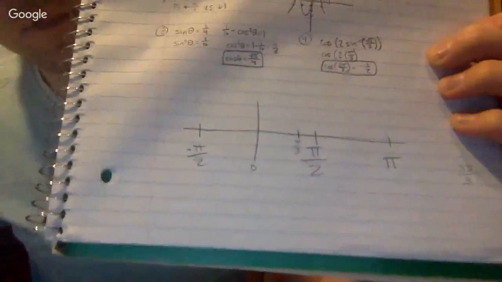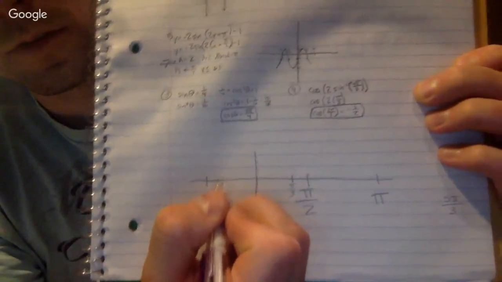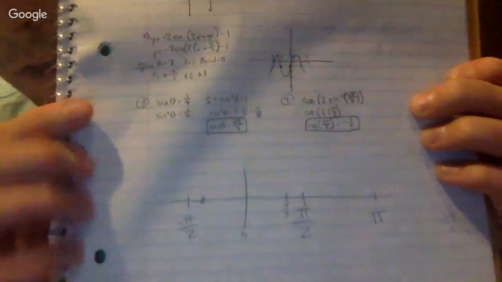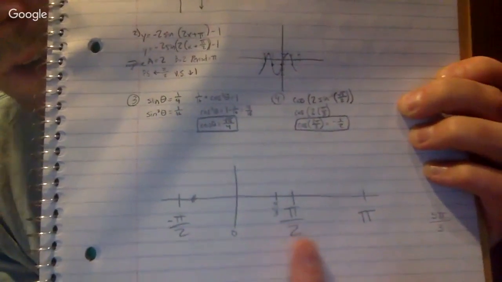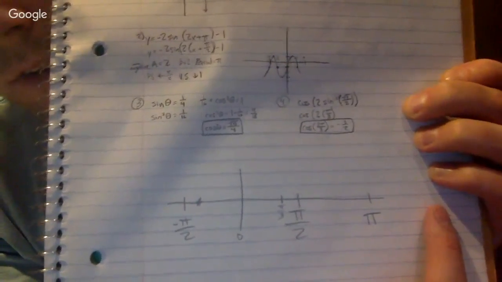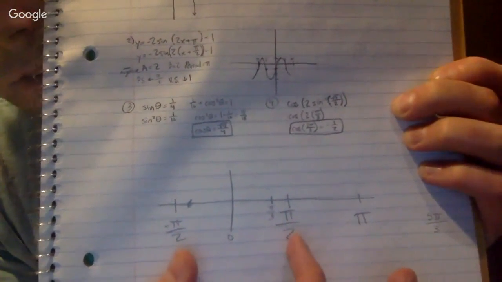Negative pi thirds is going to be somewhere around there, which falls in between. 5 pi over 3 is going to be somewhere clear out here. So it's not inside this range.